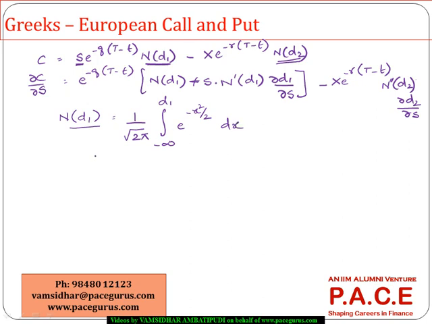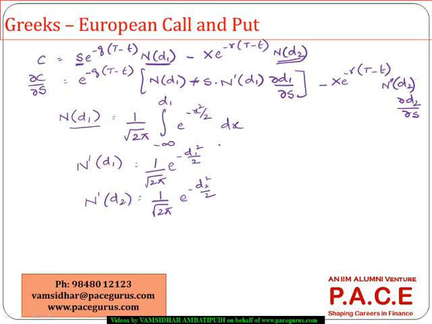But using differentiation of improper integrals, if I take the derivative of this one, I can write it as 1 by root 2 pi e power minus d1 squared by 2, and N dash of d2 I can write as 1 by root 2 pi e power minus d2 squared by 2.